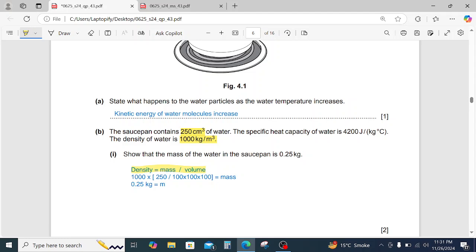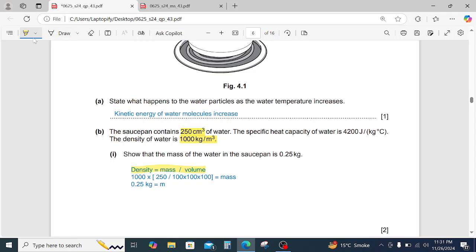Density is given, that is 1000. Okay, volume here is divided here. When it comes to the left side, it will be multiplied by the density.